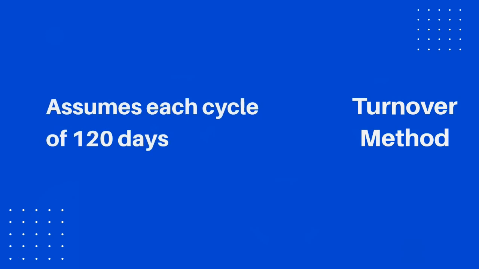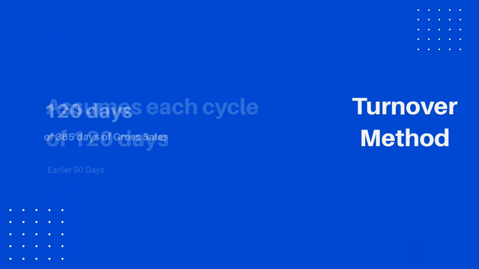Now, turnover method flatly assumes that all business will have an operating cycle of 120 days. Earlier, this was 90 days. Not more, not less. And the working capital requirement of a business should fund one operating cycle. So 120 days of 1 year is roughly 33%.